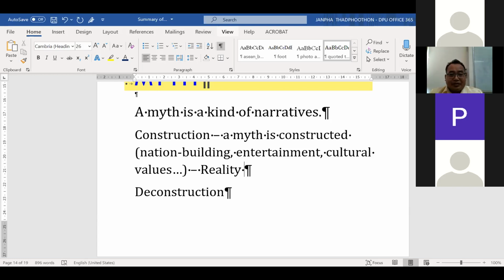That is precisely the reason why you need to expose yourself to as many narratives as you can, because the only way to do that is so that you can deconstruct the construction. You can demystify the grand narrative.